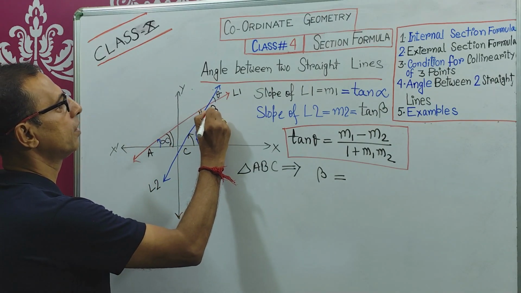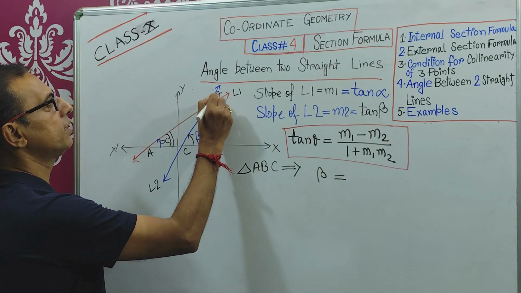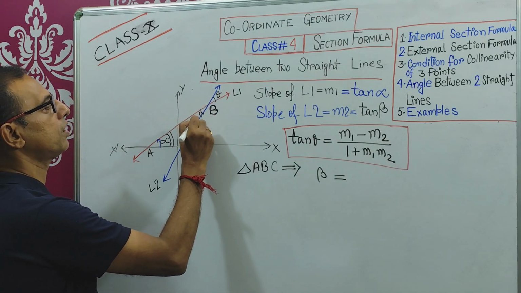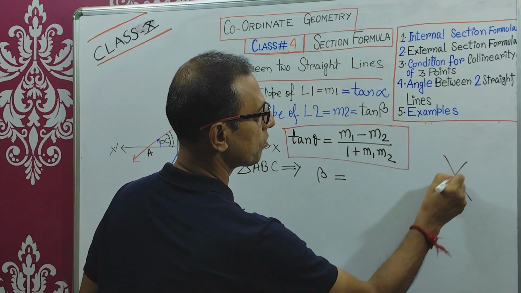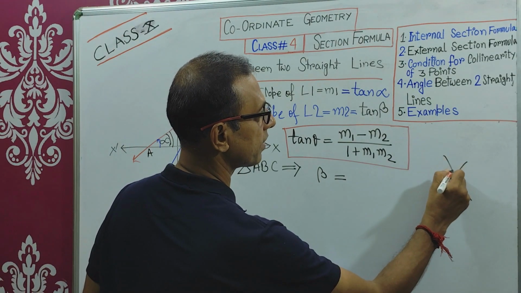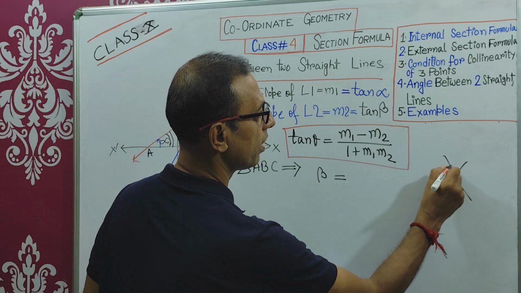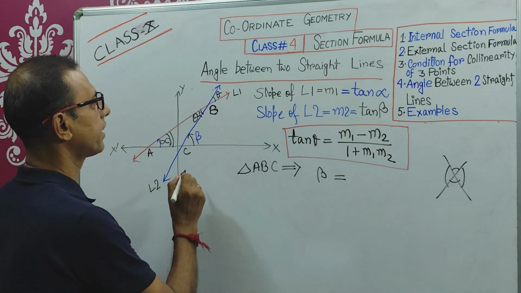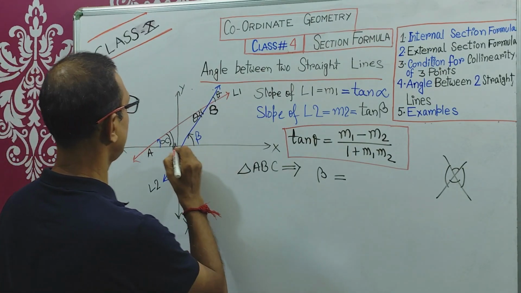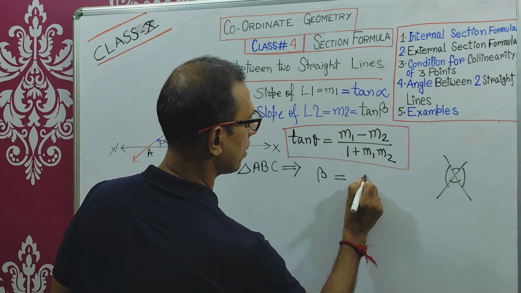If this is theta, this is also theta, because when two straight lines intersect, opposite angles are equal. So beta equals alpha plus theta.